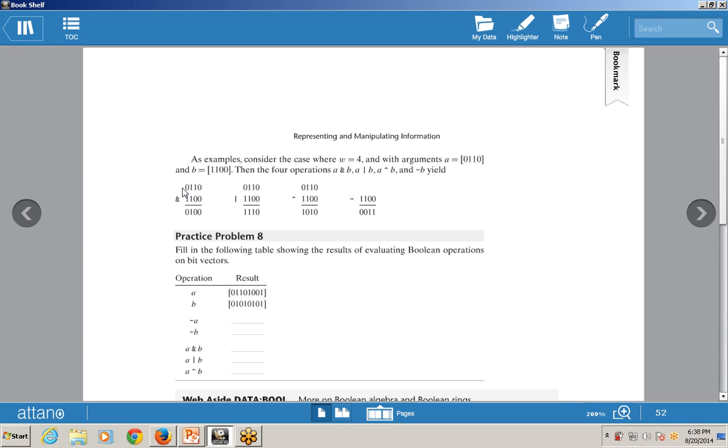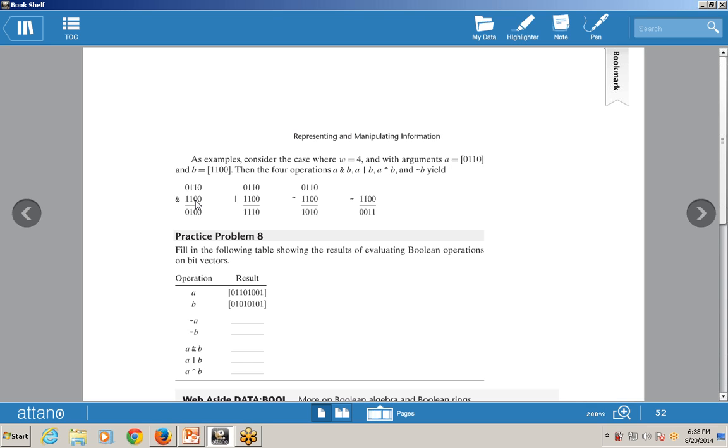Suppose I want to take the AND operation. The four operations are A and B, which is the AND operation, A or B, A not B, and only not B. So if I take the AND operation, 0, 0 means both the conditions are false, then the output is false.